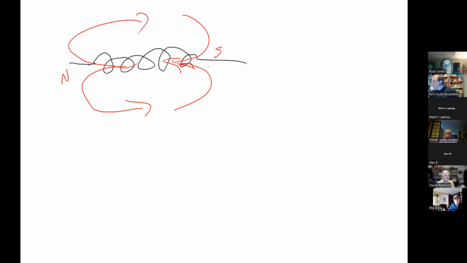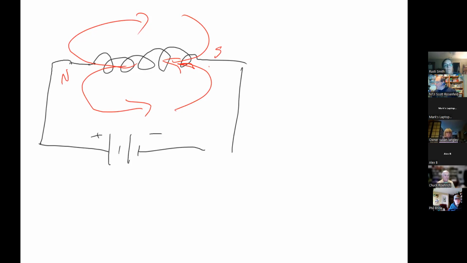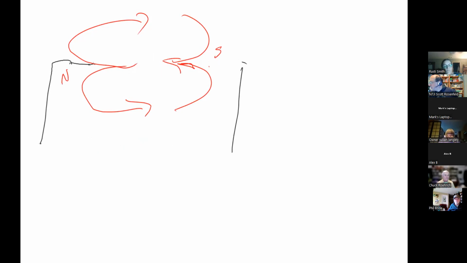So let's say that we have this north and south pole that have formed, and we have a plus and a minus like this, and now we suddenly disconnect it. What do we know about energy? It can neither be what? Created or destroyed. That's right. It only changes form.